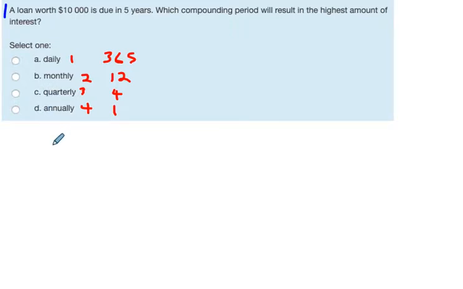Many people think that going to daily would cost you twice as much, but that's not true. You can try some questions and just change it from monthly to daily, and you'll see that it will change, but not very much. So let's look at another question.